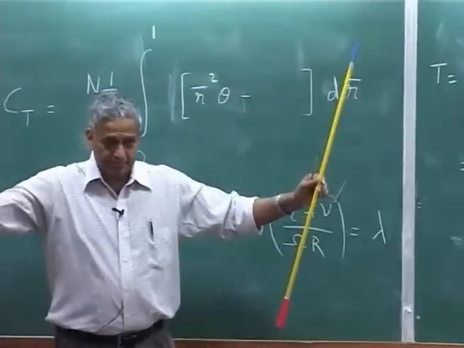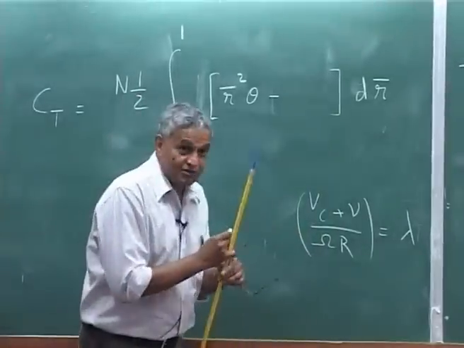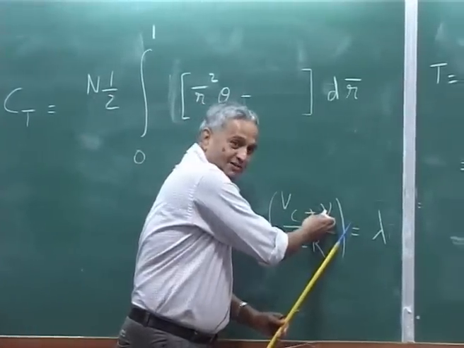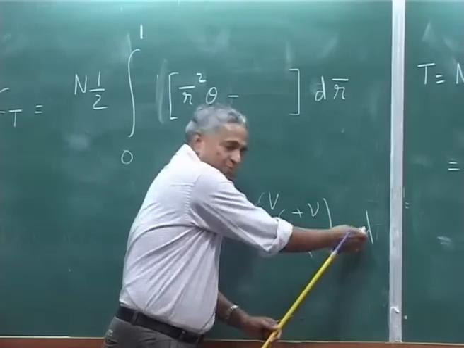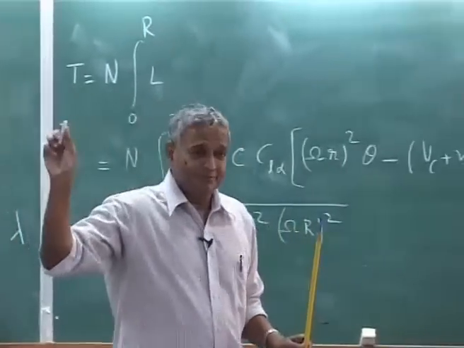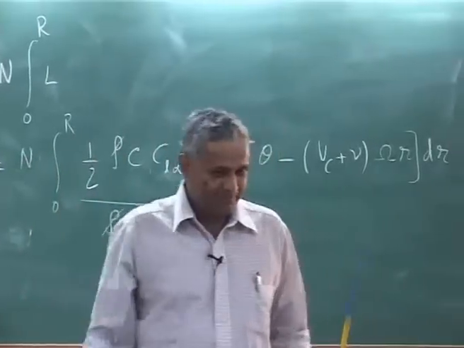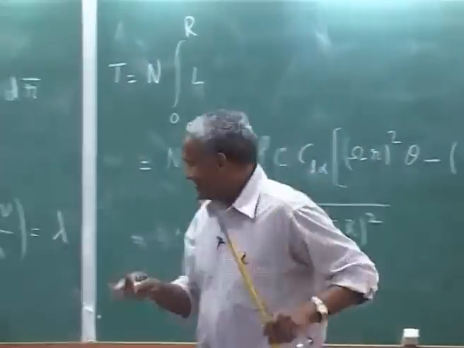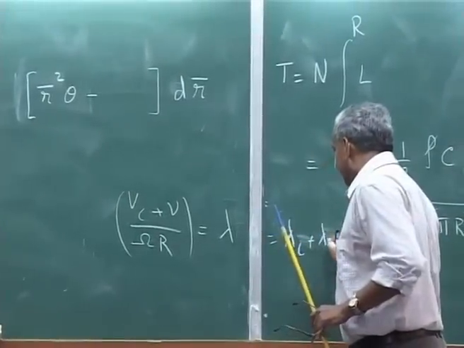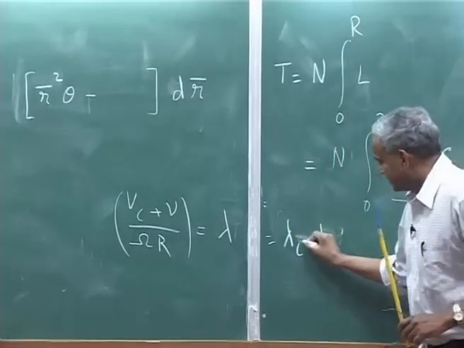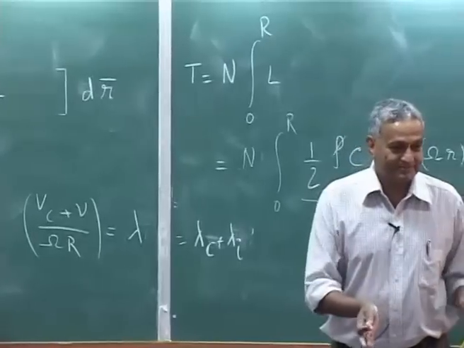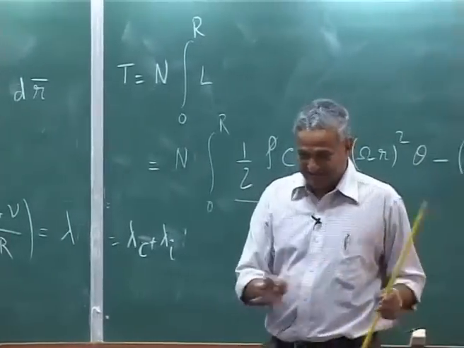Lambda is inflow. Please understand this includes climb and induced velocity. Later I may split this as lambda c and then lambda i. Right now I am calling it lambda, because this itself you can write as lambda c plus lambda i, where c is climb and i is induced. You can split that later.